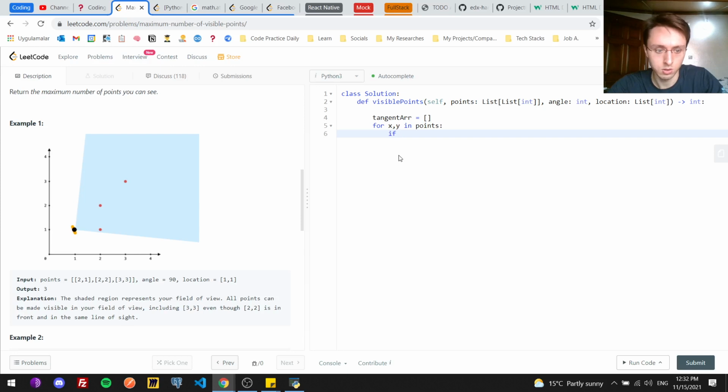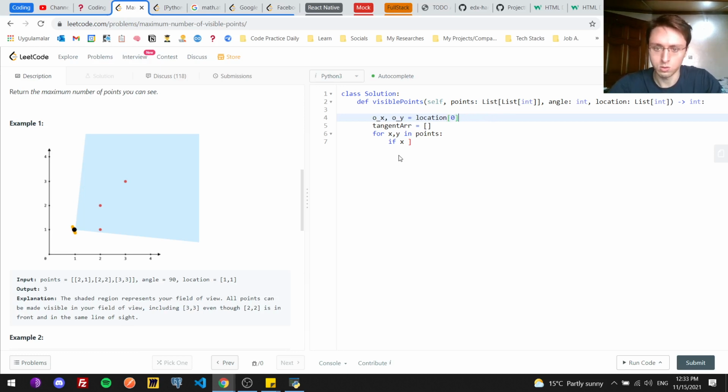So if x is equal to my location, okay, I'm gonna have it like this. So my start, like origin x and origin y, is equal to location, origin y, origin x.